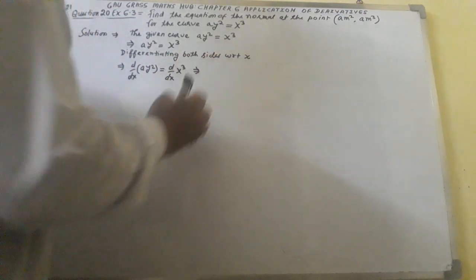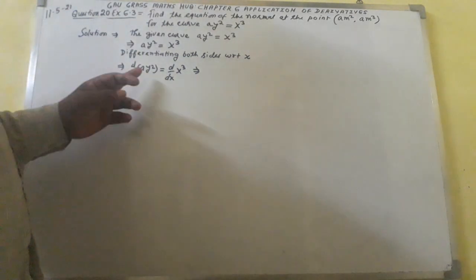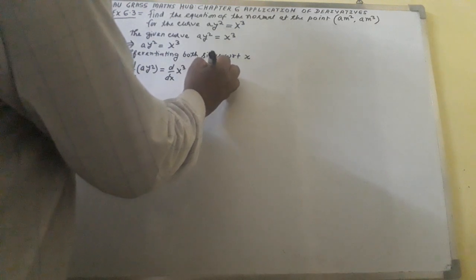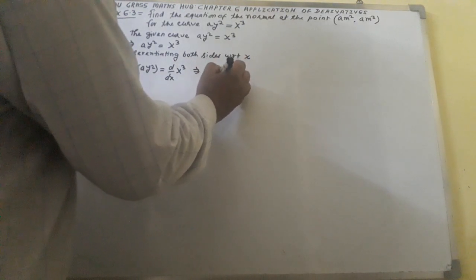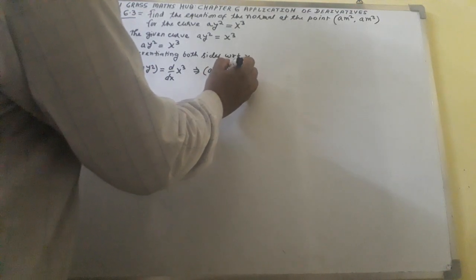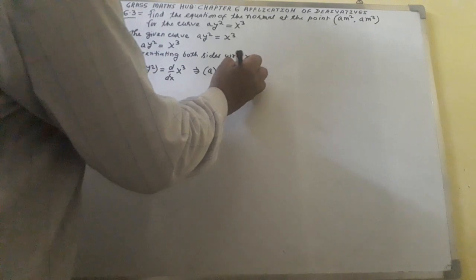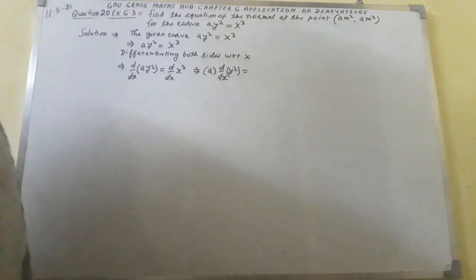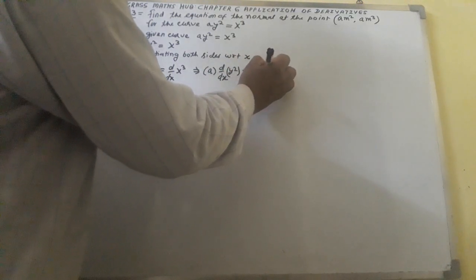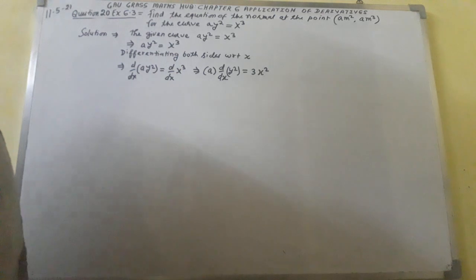Here a is a constant, so a will be popped out. a times d over dx of y² equals d over dx of x³, which comes out to be 3x².